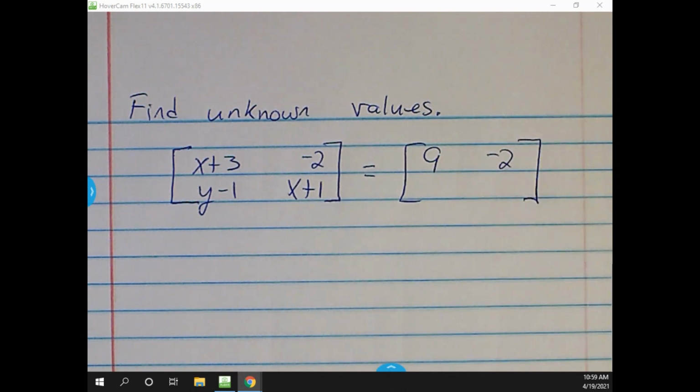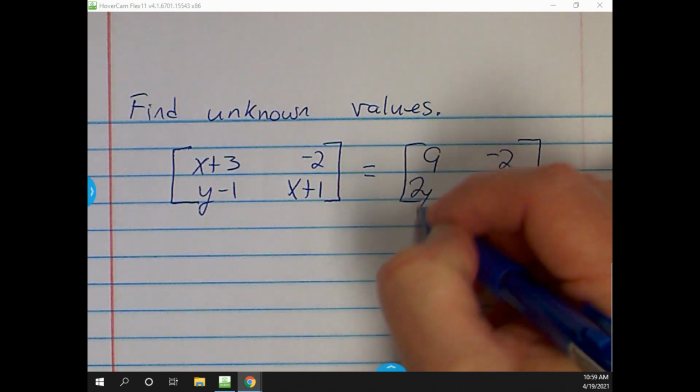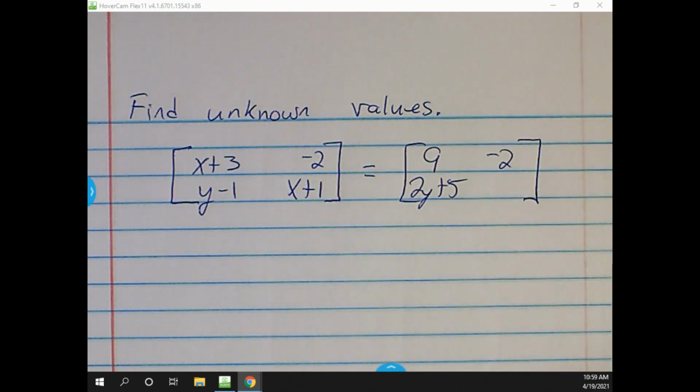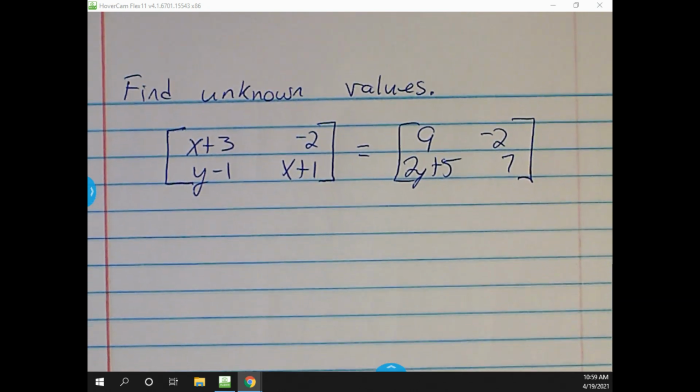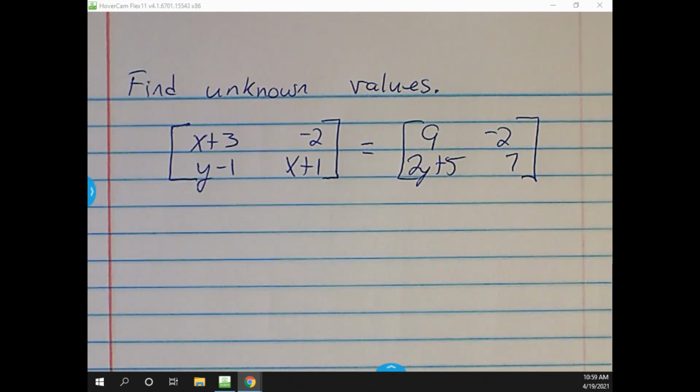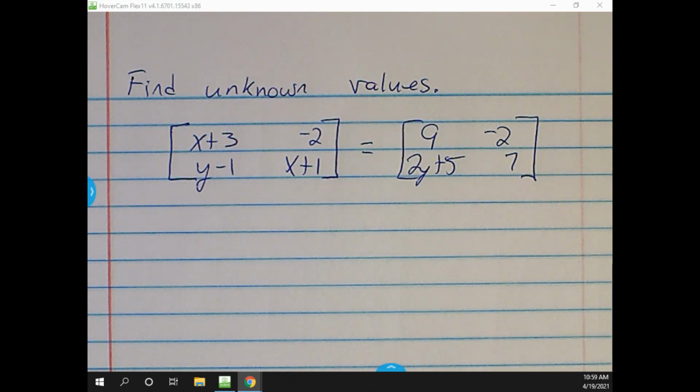And for that one, you should have it already set up where you have one matrix equal to another matrix. All you have to do is set each location on the left equal to the location on the right side, and then just solve that equation.